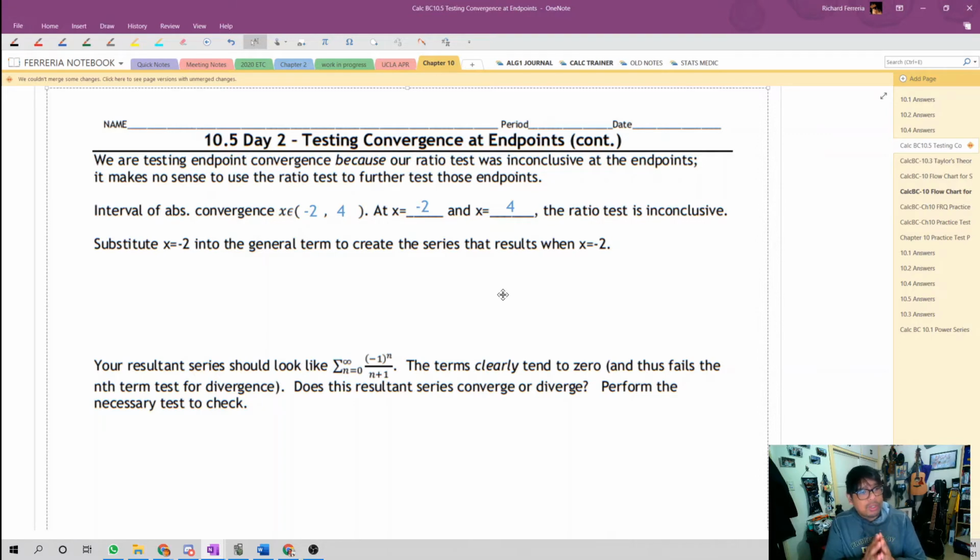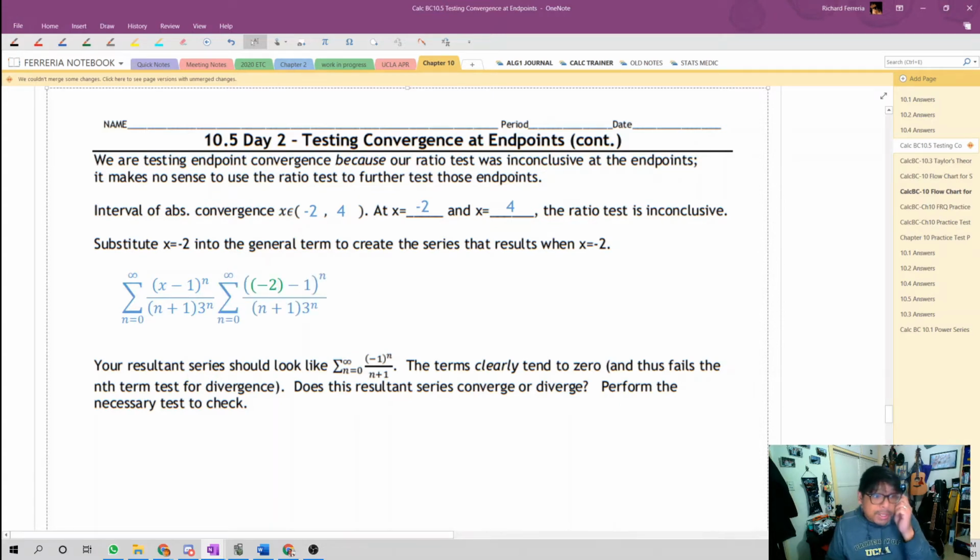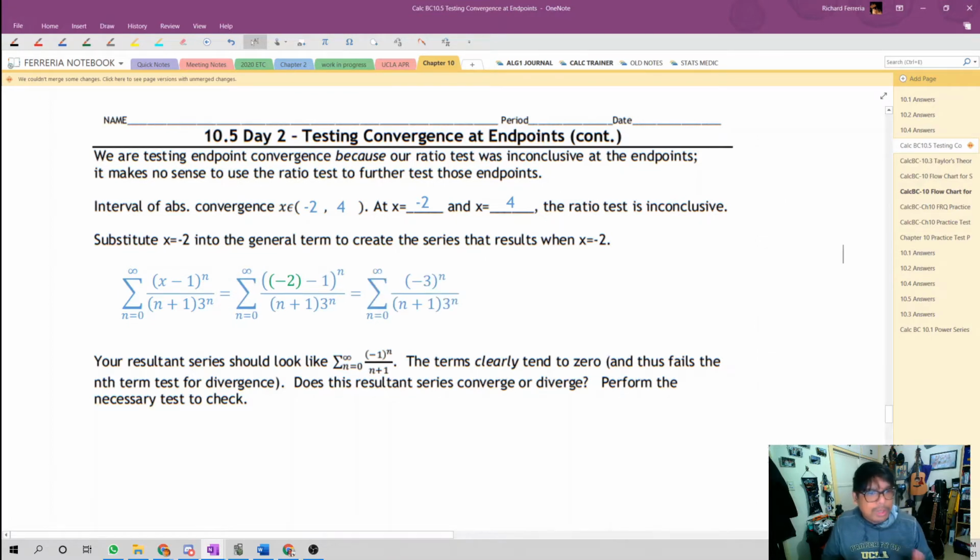So what we're going to do to start to complete the process of finding the interval of convergence is substitute -2 into the general term to create the series that results when x equals -2. So here's the series that we started off with. We're going to substitute -2 for x, which means that the series is going to be (-3)^n on top of (n plus 1) 3^n.